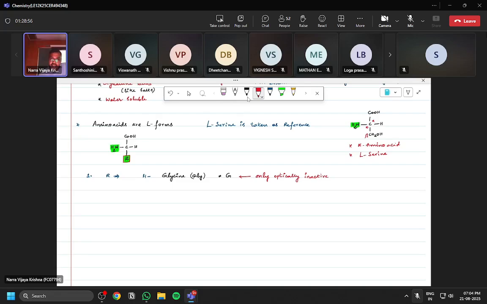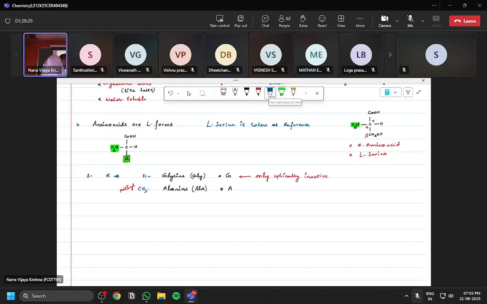Now, if this is a methyl group, CH3, then it is alanine. 3-letter symbol ALA, 1-letter symbol capital A. Now, if we have an isopropyl group, what is an isopropyl group?